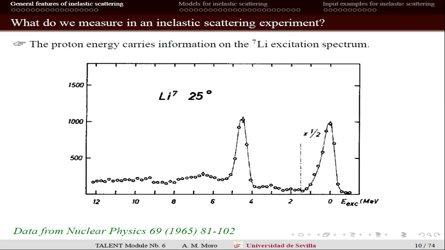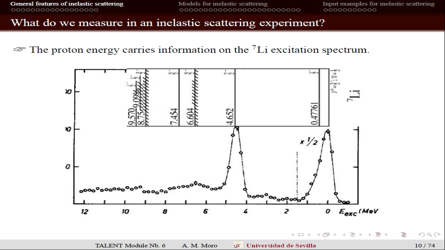So this is a spectrum, with a number of counts in arbitrary units as a function of the excitation energy of, in this case, the lithium-7, because the proton cannot be excited at our energies. We immediately recognize some peaks and some structure here, and some events without a defined structure. So the first thing is: what information can we obtain from this before doing any calculation?